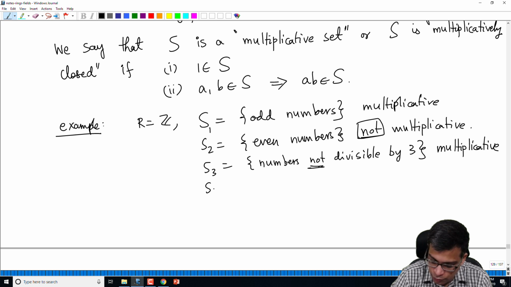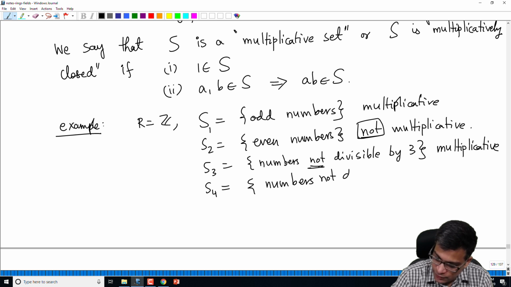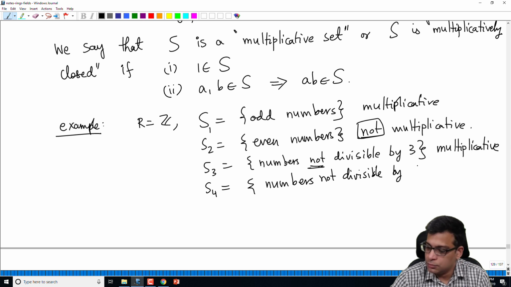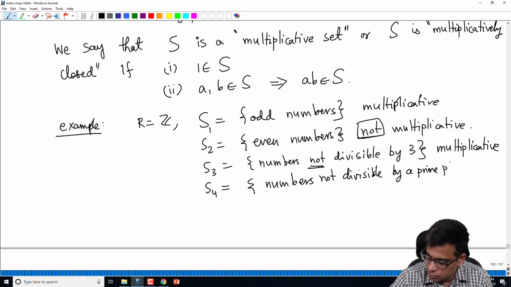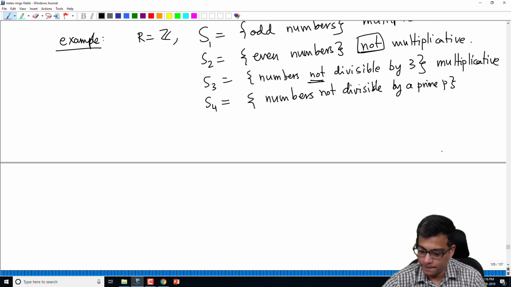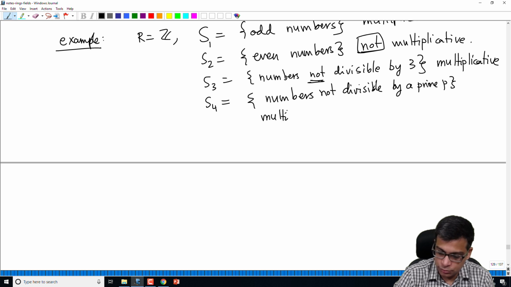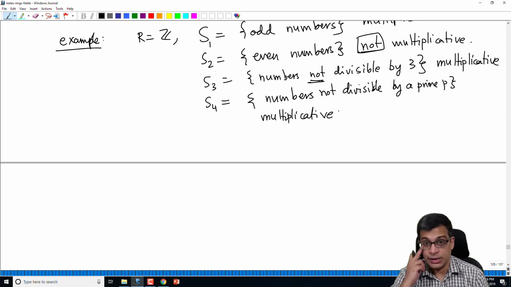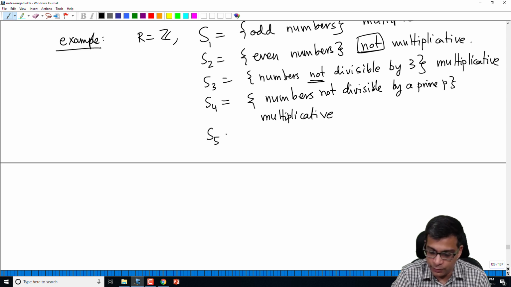In general, we can define S4 to be numbers not divisible by a prime p. This is multiplicative, because exactly the same idea as before, 3 is a prime number, you can replace it by any prime number.